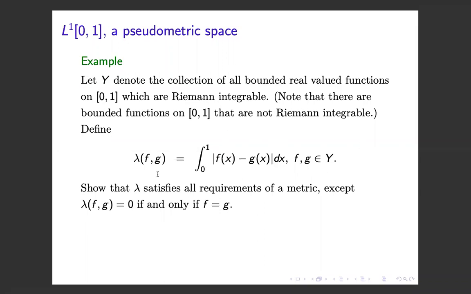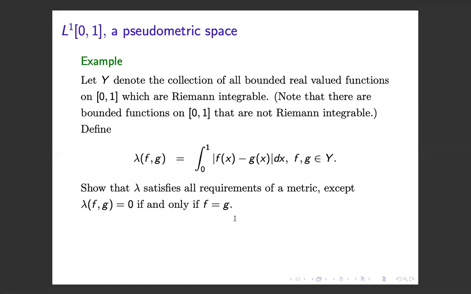So you can see that for any f and g in Y, this lambda(f, g) is well defined. It satisfies all the requirements of a metric, that definition we wrote down, except that lambda(f, g) equal to 0 implies f is equal to g.